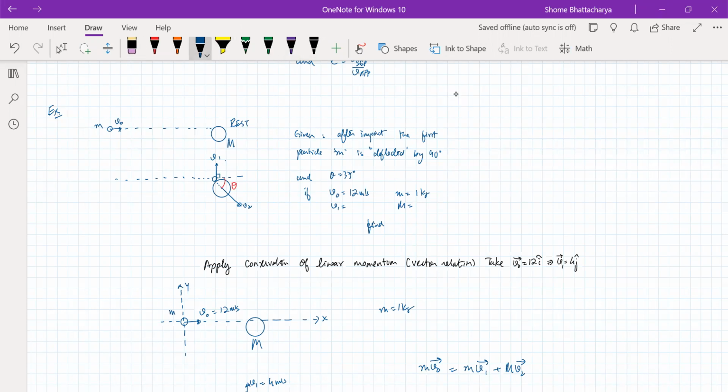Let's say the mass is given to us, but V1 is not given. So we want to find V1 and V2, both the things.